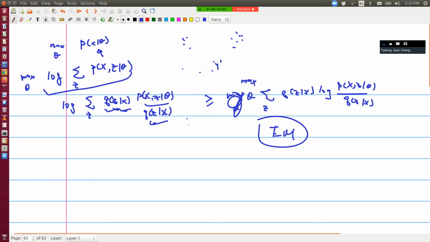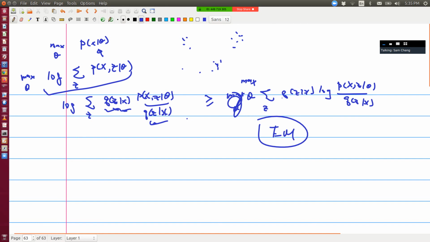Even though it's very reasonable, especially for the Gaussian mixture case, in general we are really maximizing a lower bound instead of maximizing the original likelihood.